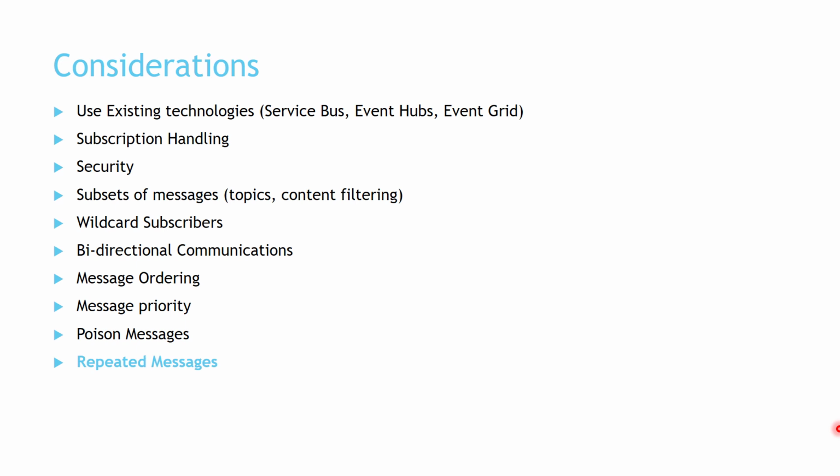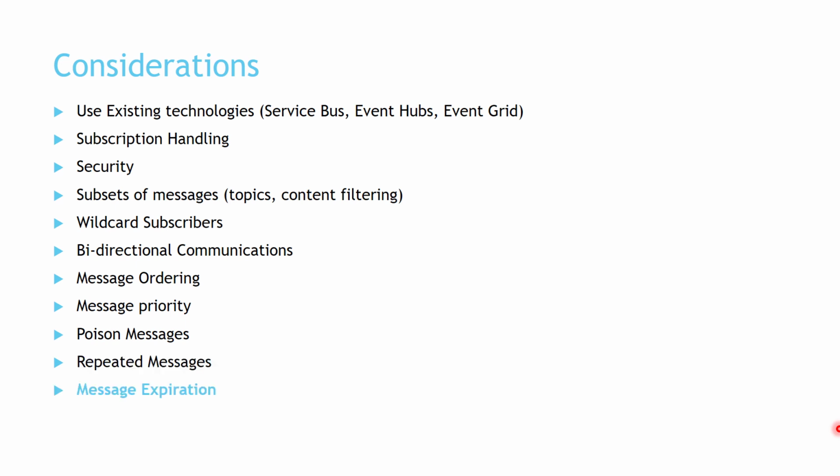Generally speaking, in cloud message queues, the message is guaranteed to be delivered at least once. And there is a little chance that your message is going to be delivered more than once, and you need to handle these scenarios. There is a duplication detection option you can use straight away in Azure Service Bus queues or topics.